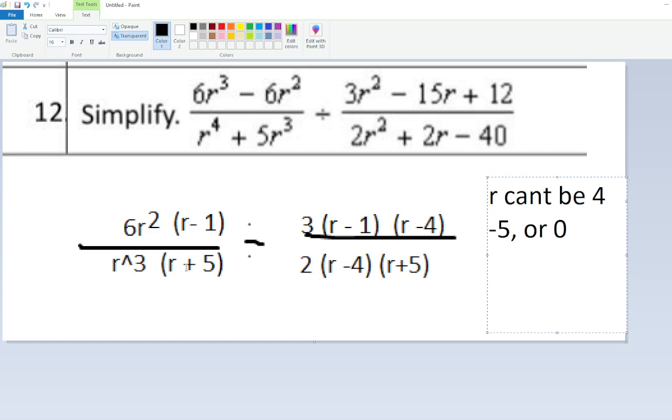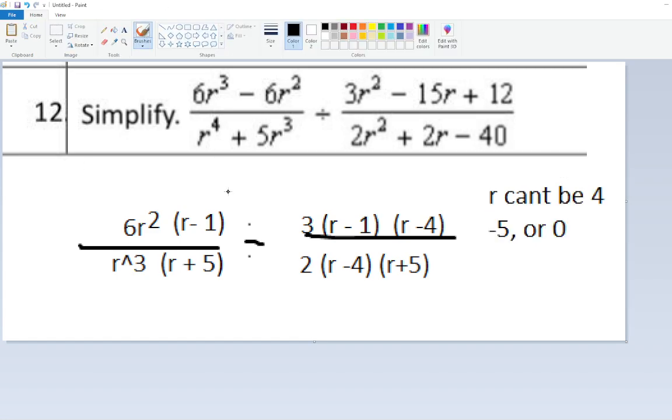Now, before you cancel, because this is a division, when you divide two fractions, you change this to a multiplication. I'm going to just use a dot. And you flip this fraction, you take the reciprocal. So this is going to go up top.